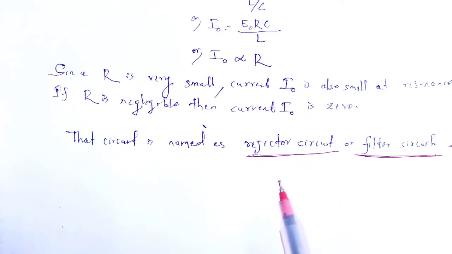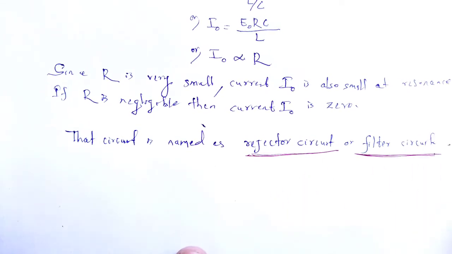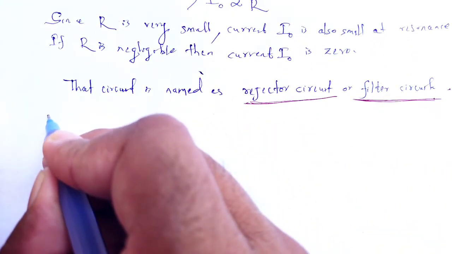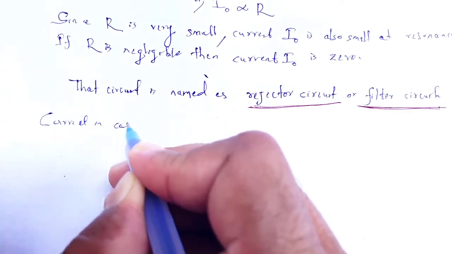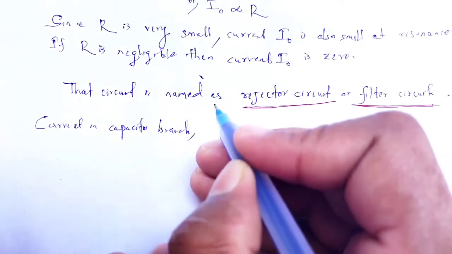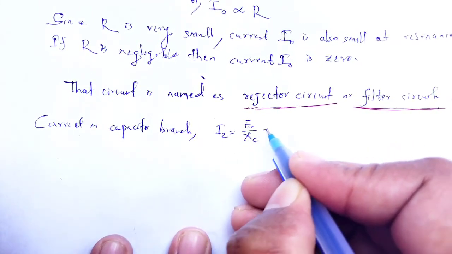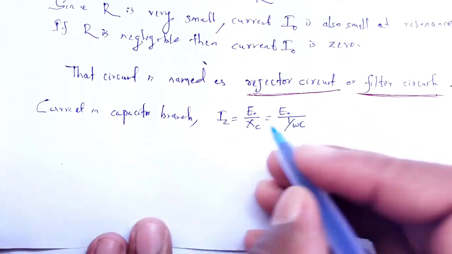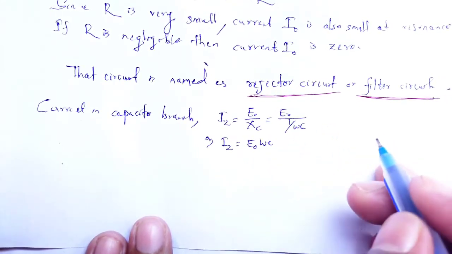So the current circulating in the capacitor branch, that is I2, current in capacitor branch: I2 is equal to E naught divided by XC, which is equal to E naught divided by 1 by omega C, or I2 is equal to E naught omega C.